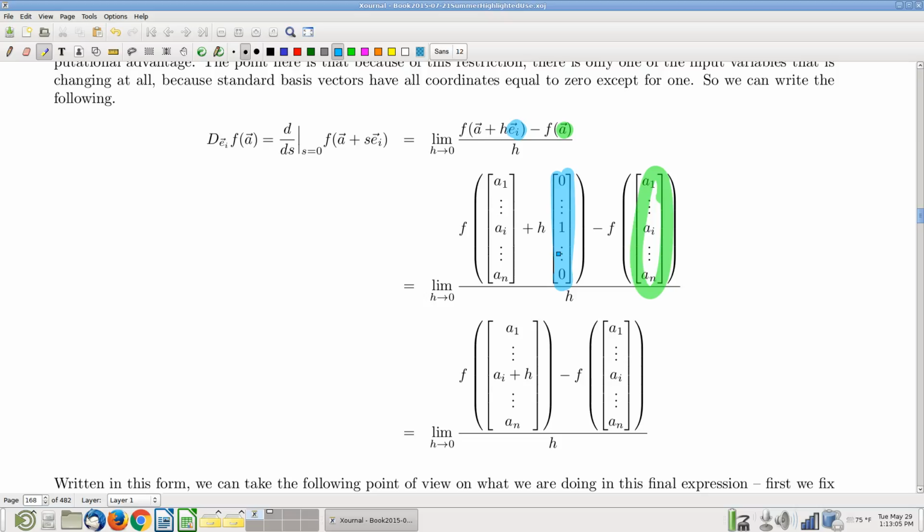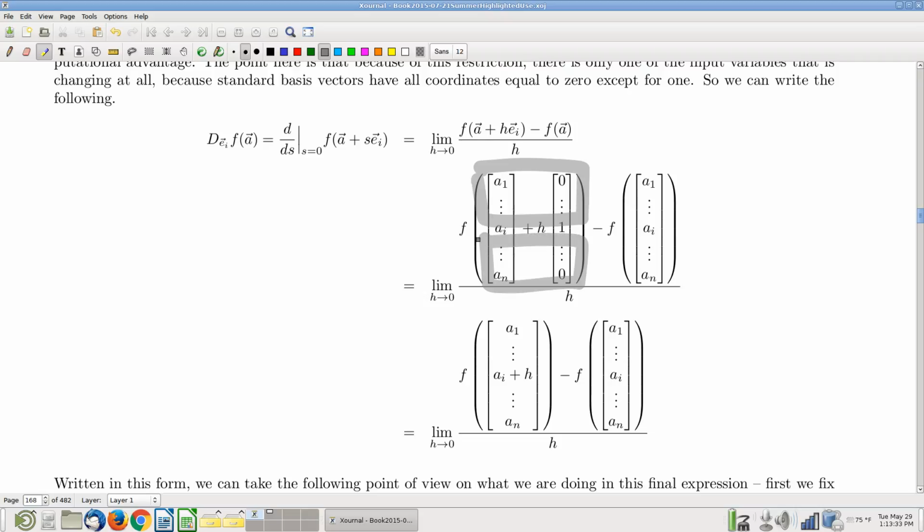We're taking f of the nearby point minus f of the original point. It's Calc 1, a single variable calculus idea. But notice what is so nice about this calculation. This expression simplifies super nicely because for the vast majority of these terms, you're just adding 0.